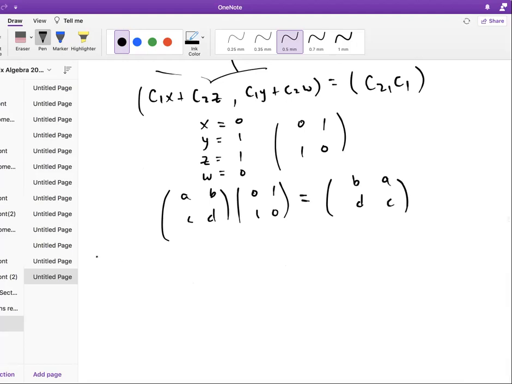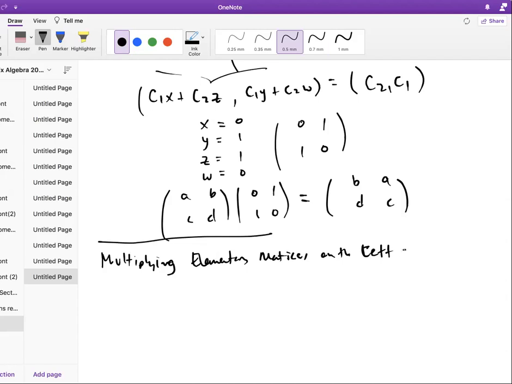So multiplying elementary matrices on the right, so on the left, are row ops. On the right are column ops.